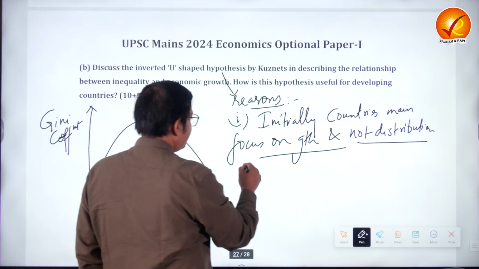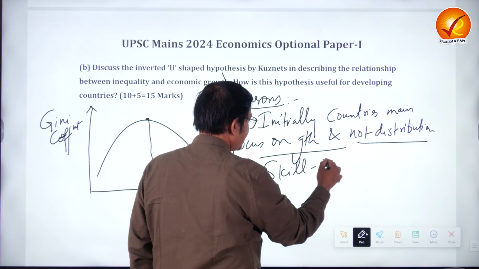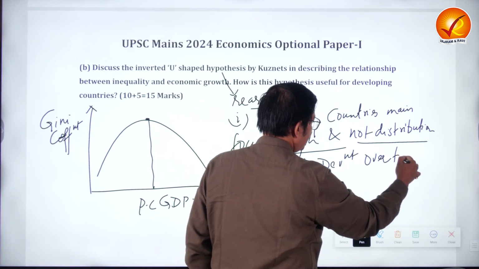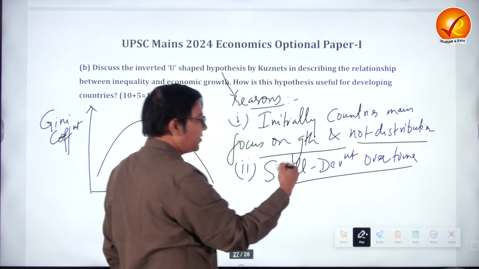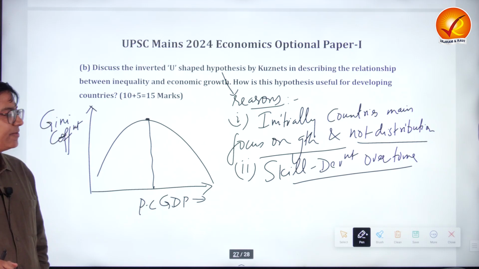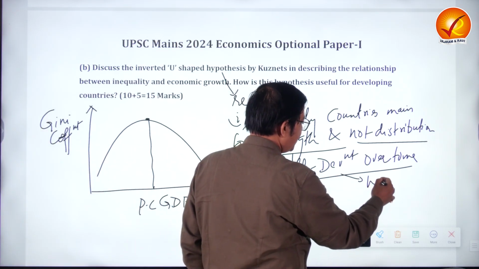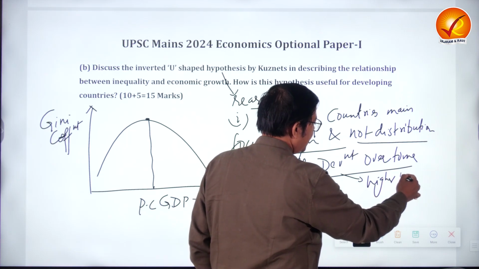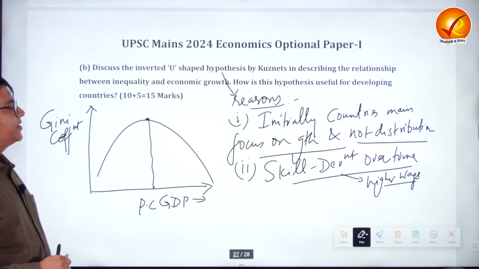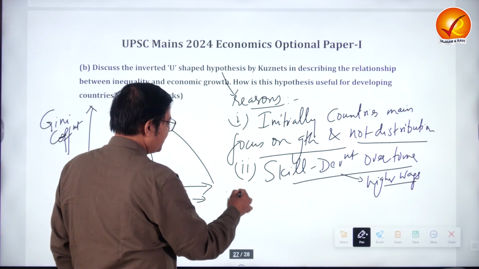Then another reason can be skill development over time. As the country goes through a longer time period of growth, the average skill development improves. Skill development leads to higher wages of the common workers, and that is how the income inequality tends to reduce. You can also talk about the welfare role of government.